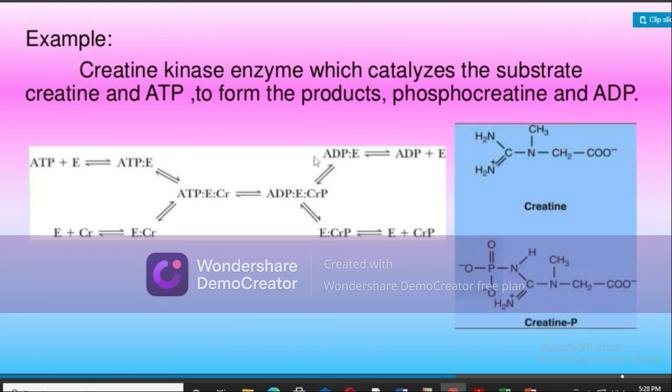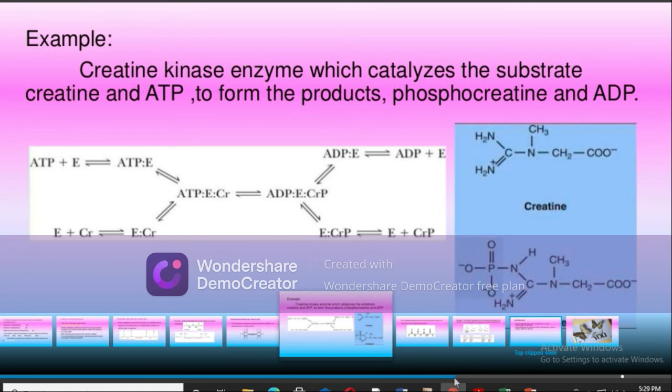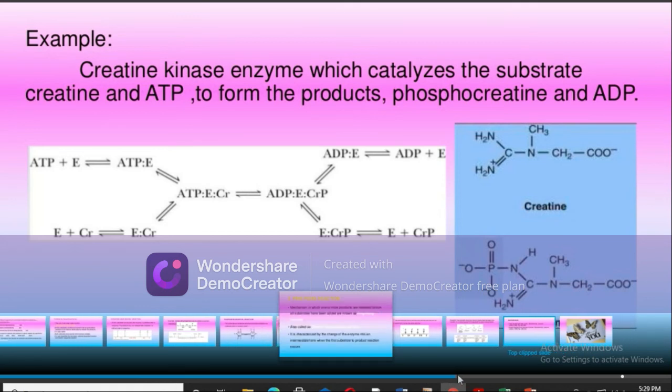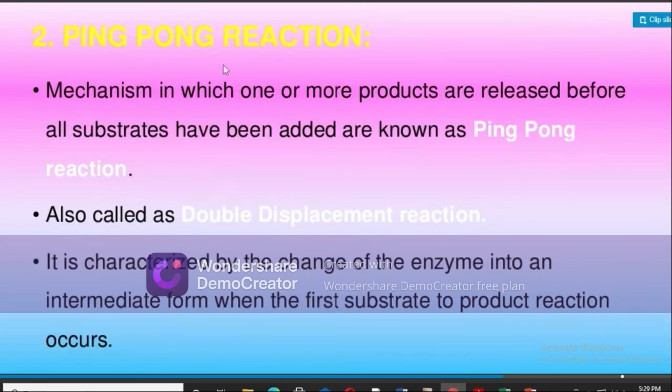At the same time, the products also have equal chance of being released. It may decide that ADP will be released first, or the phosphocreatine. So that is it.